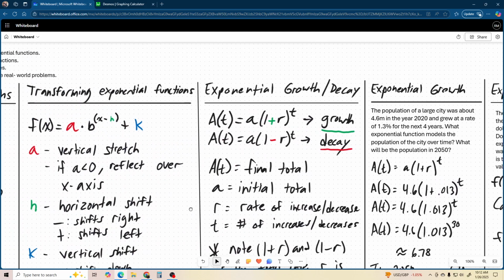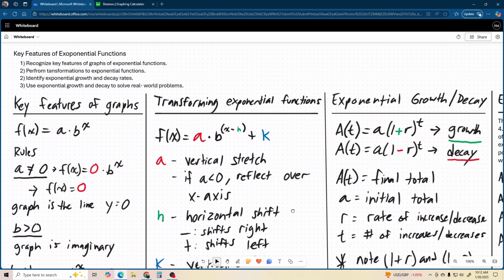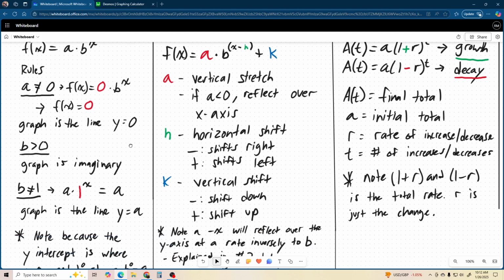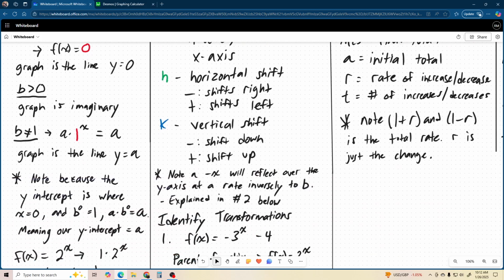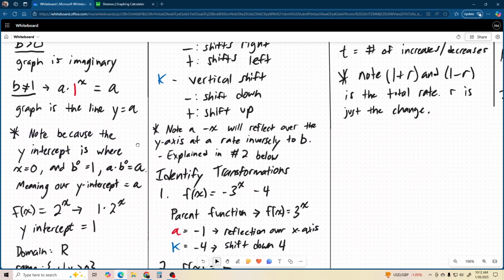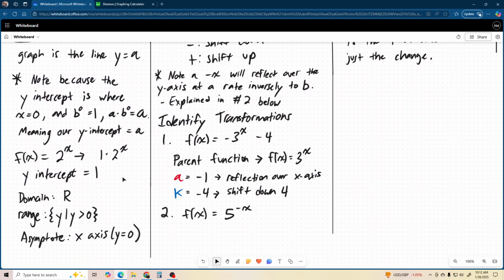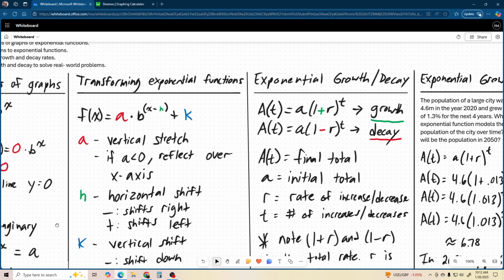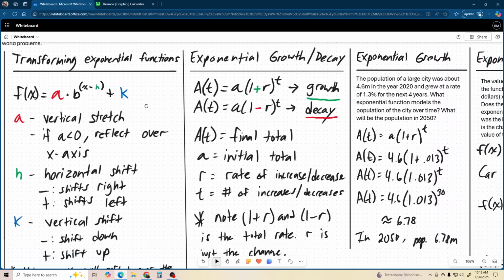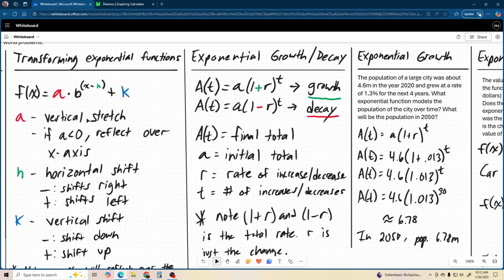All right, so what did we do? We started off by talking about the graph, the very basic graph here. We figured out that the y-intercept is nothing but a, right? We identified range, domain, and asymptote and everything here. Then we talked about transforming functions, where a is the vertical stretch or the reflection, h is the horizontal shift, and k is the vertical shift.